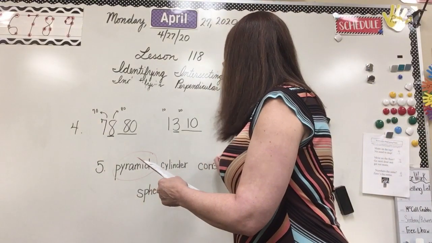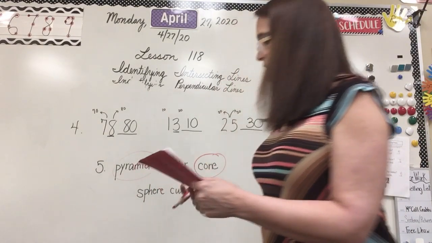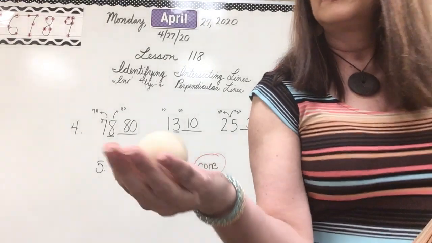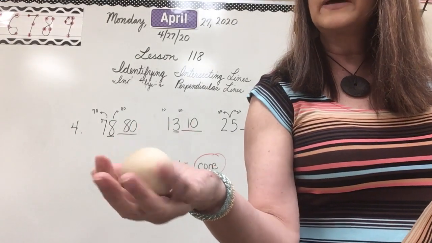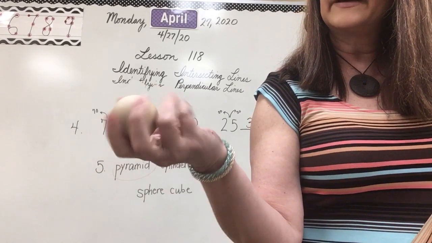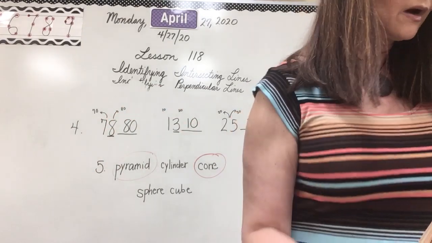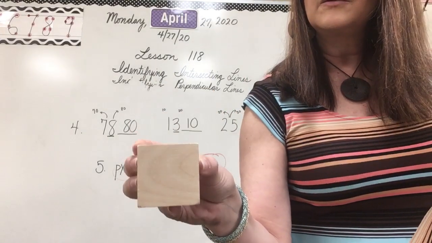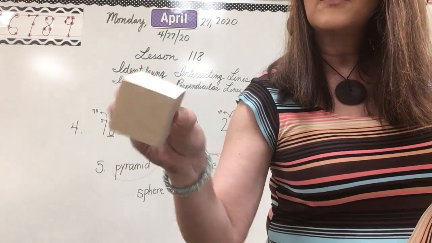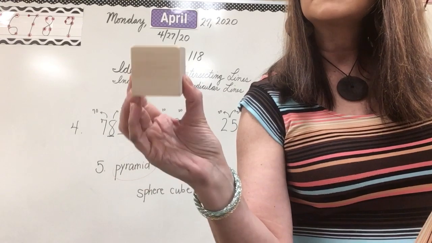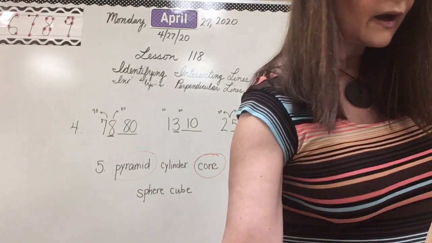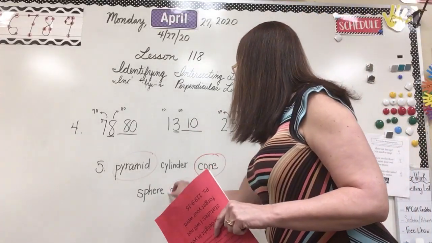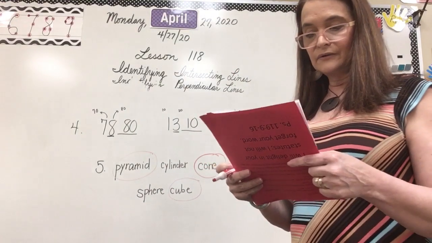So we will circle the cone, not the cylinder. What about a sphere? Is there a point? No, there's not. And lastly, what about a cube? Do you see a point or vertex here? Yes, we do, right? All right, so we circle that one as well. So that's what number 5 looks like.